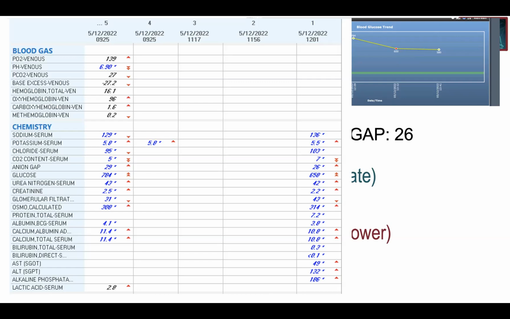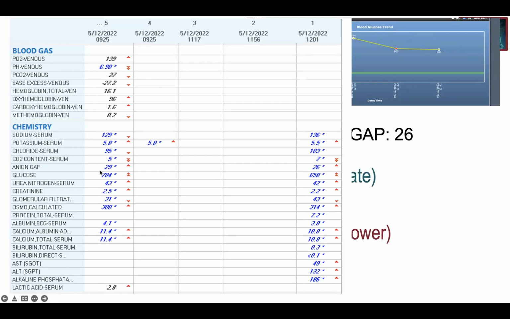His PCO2, normal PCO2 is typically 40 to 50. His is 27. He's very hypermetabolic. He's consuming a lot of oxygen. And look at his base deficit. His base deficit is negative 27, normal base deficit negative 2. So his pH is 6.9, and he's got a base deficit.